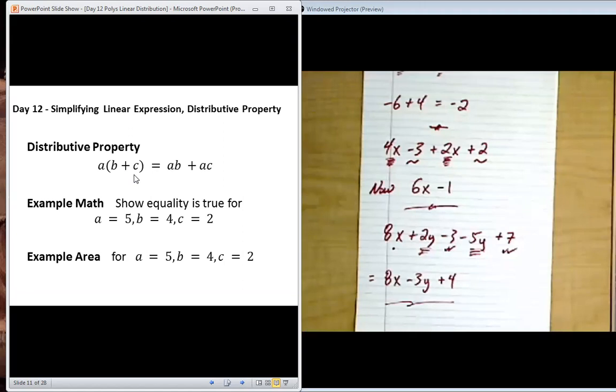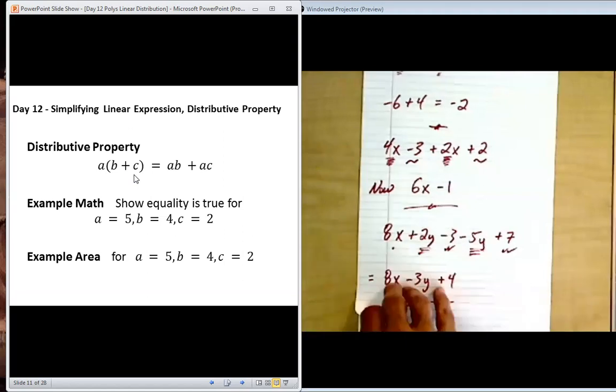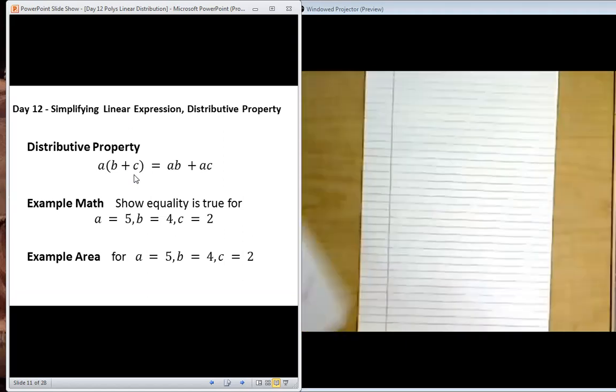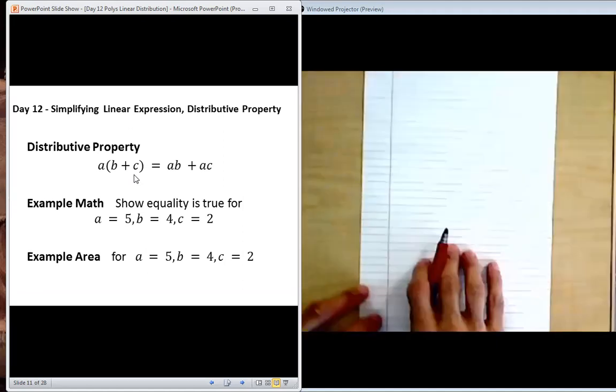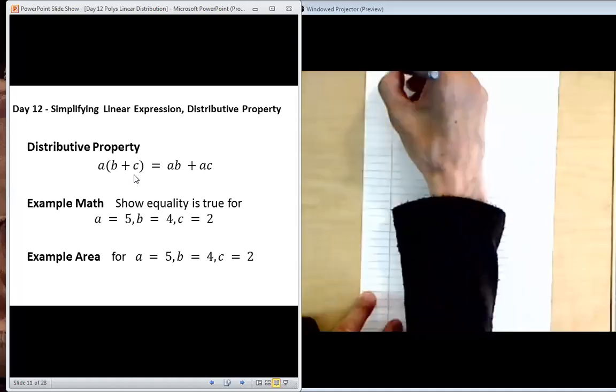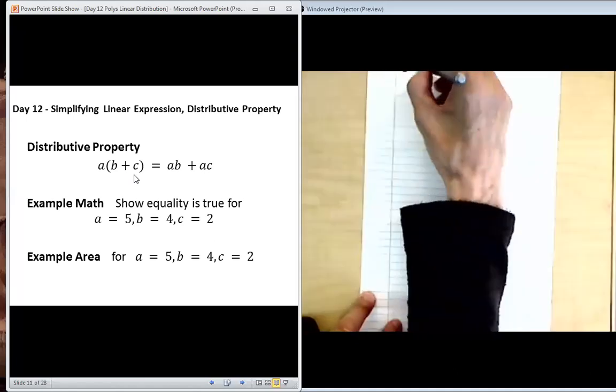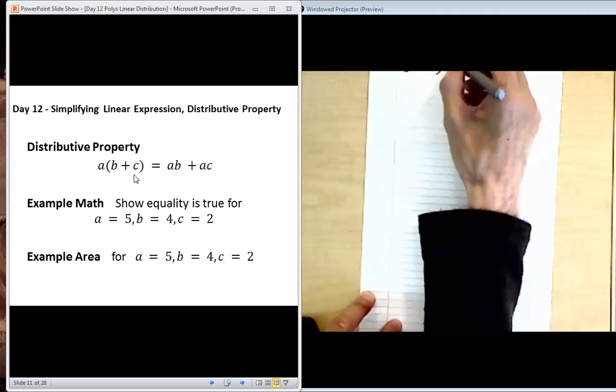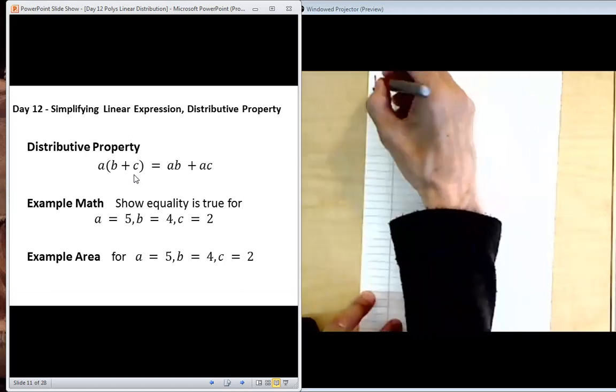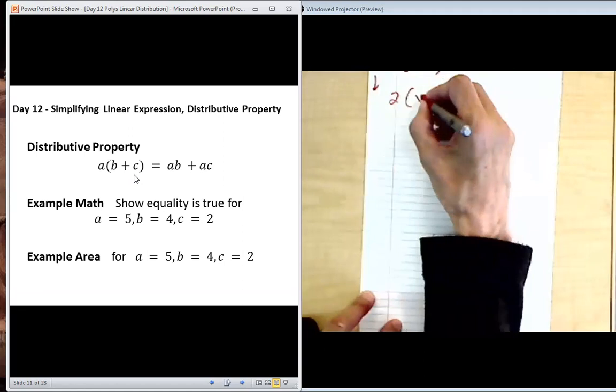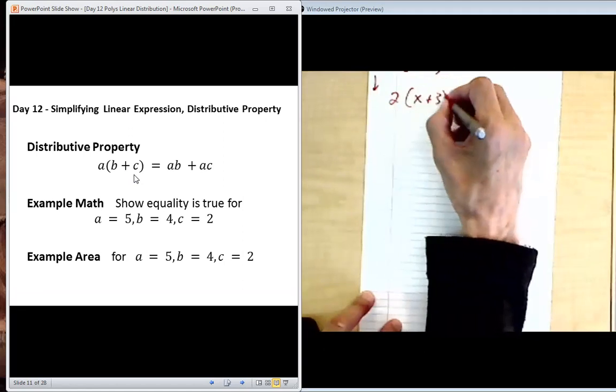Okay, so what are you looking at with this sort of picture? Well, you're looking at something like this. If you have A, it says A and then B plus C like this. This is like having 2 times x plus 3.